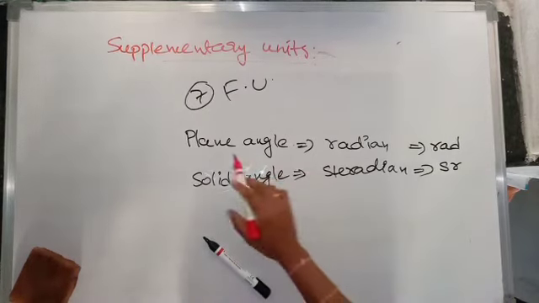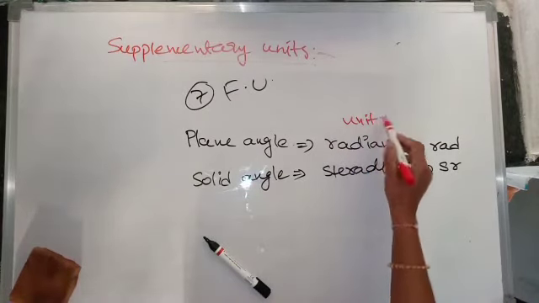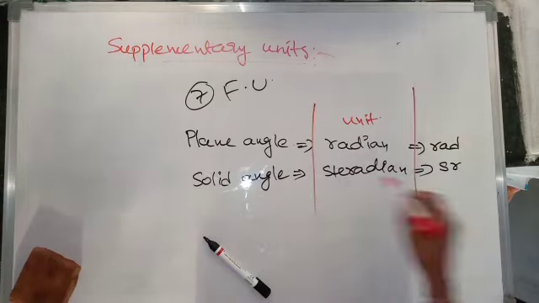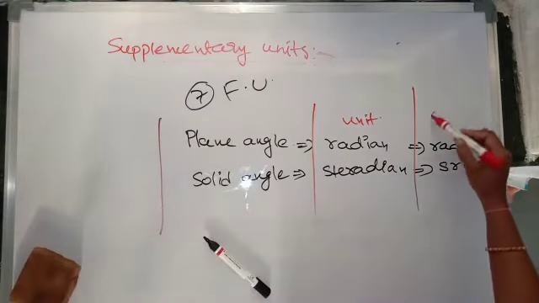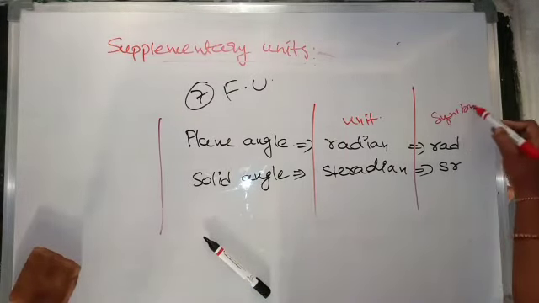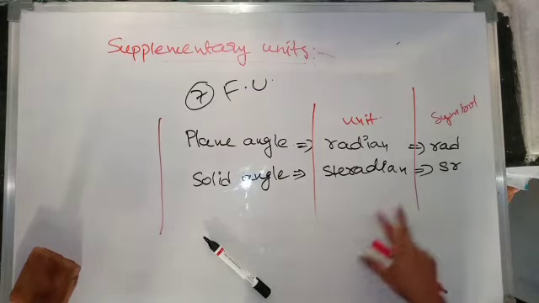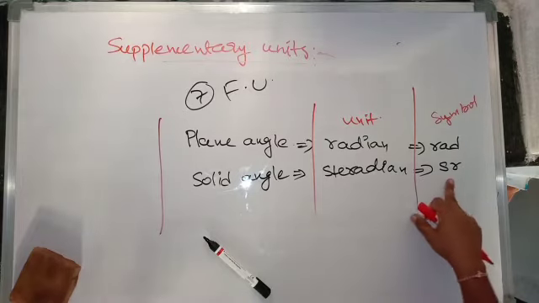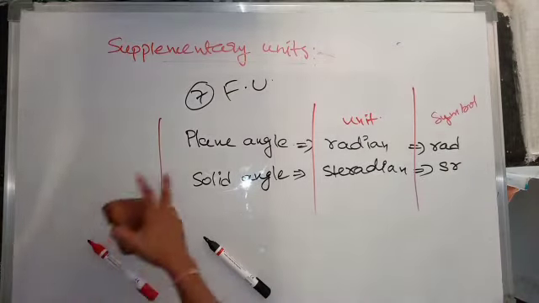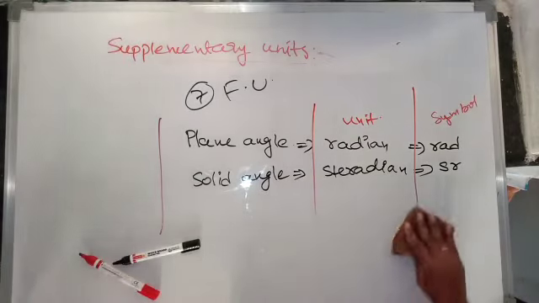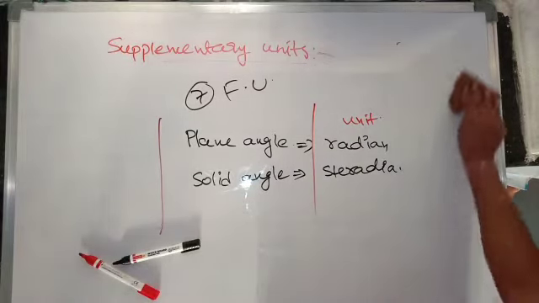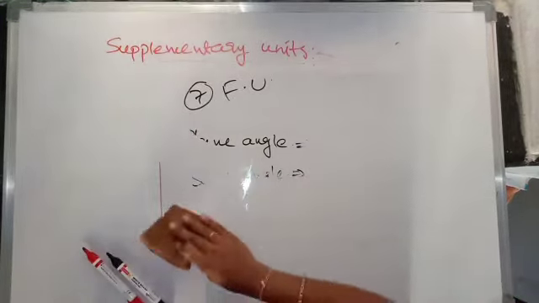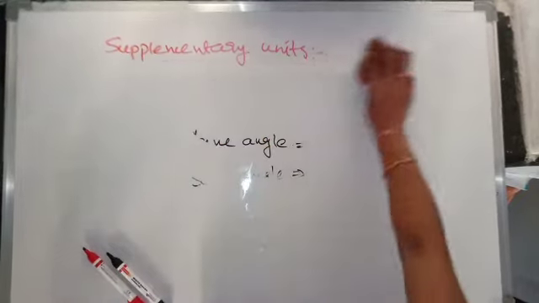So for plane angle the unit name is radian, and for solid angle it is steradian. The symbols for the unit names are rad for radian and sr for steradian. These are the two more units we have to learn. We will use these supplementary units also for finding dimensional formulas for derived physical quantities.